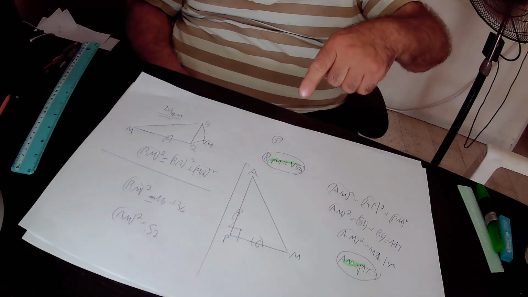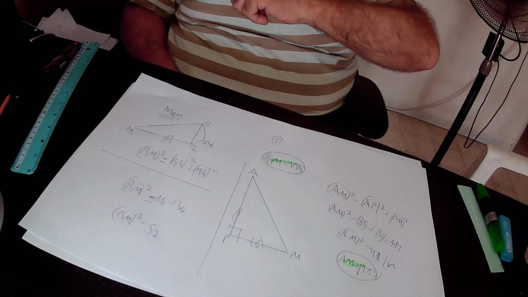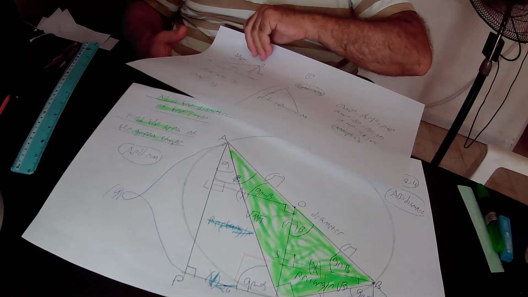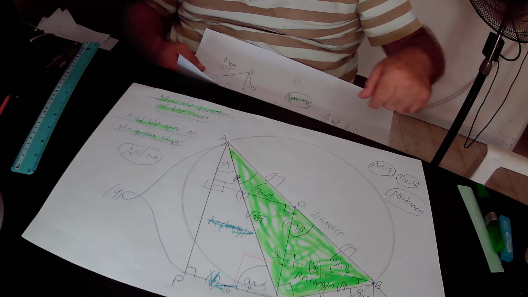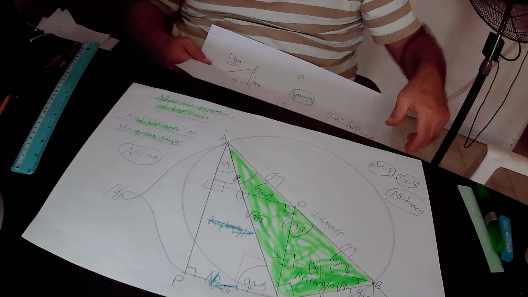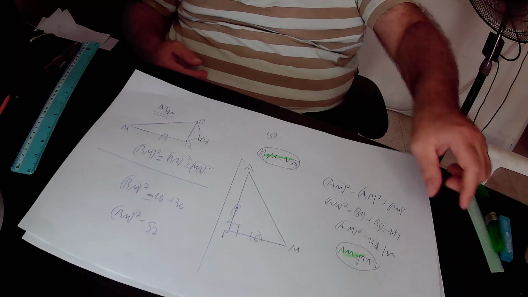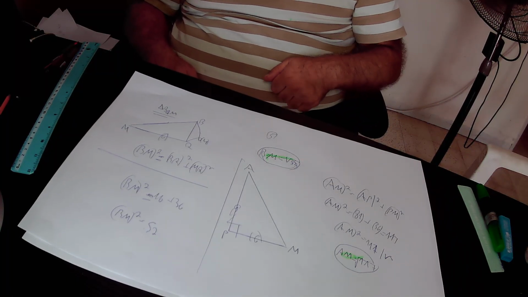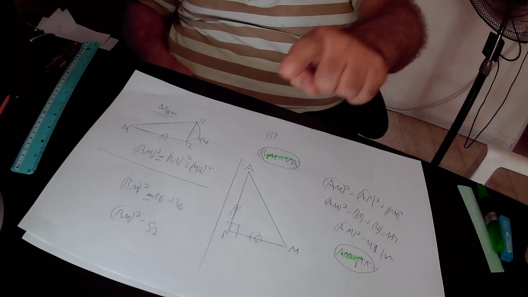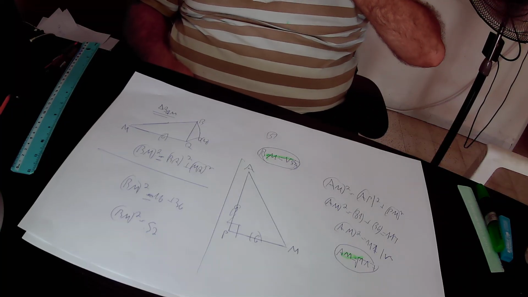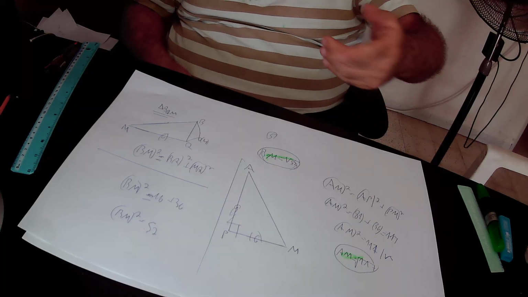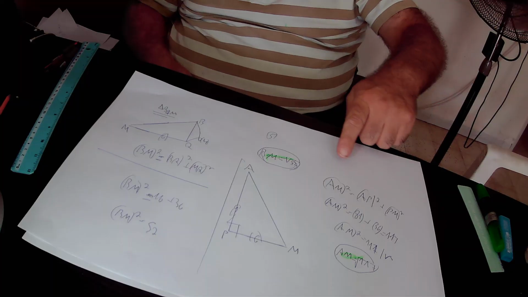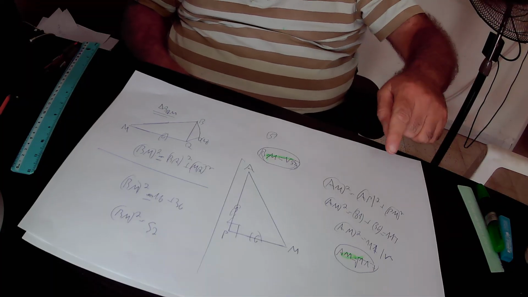So BM equals the square root of 52 units in length. In the next step, I copied the big right triangle APM and applied the Pythagorean theorem to it. In this right triangle APM, AM squared, the square of the hypotenuse, equals AP squared plus PM squared. AM is the missing side. AP is 9, therefore AP squared is 81, plus PM squared.